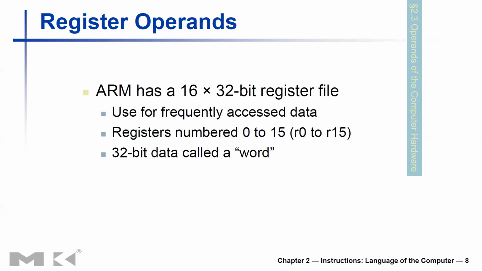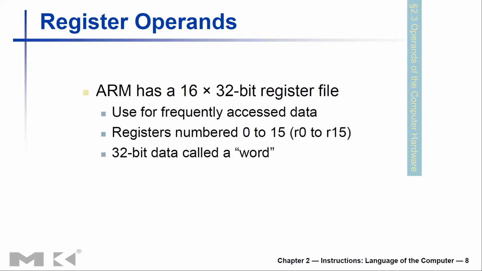These registers are used for frequently accessed data, and they are numbered from 0 to 15. We call them R0, R1, R2, R3 up to R15.